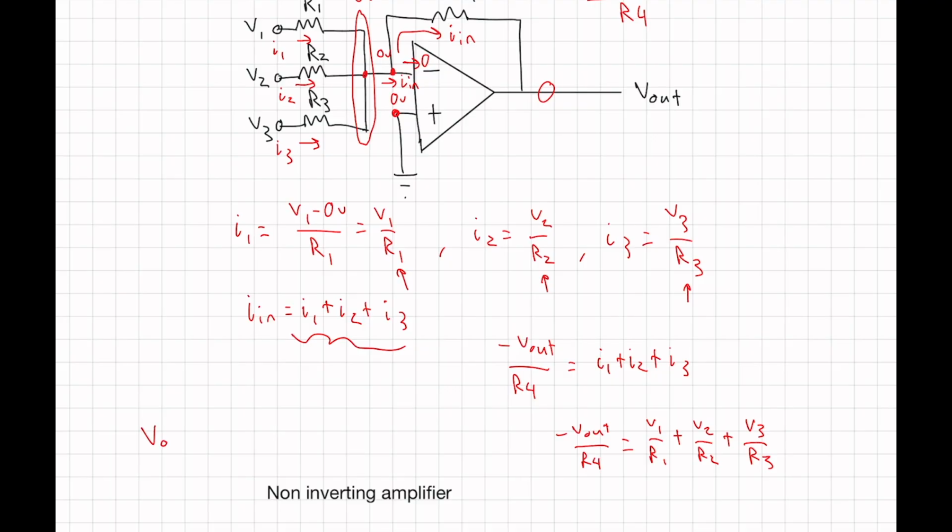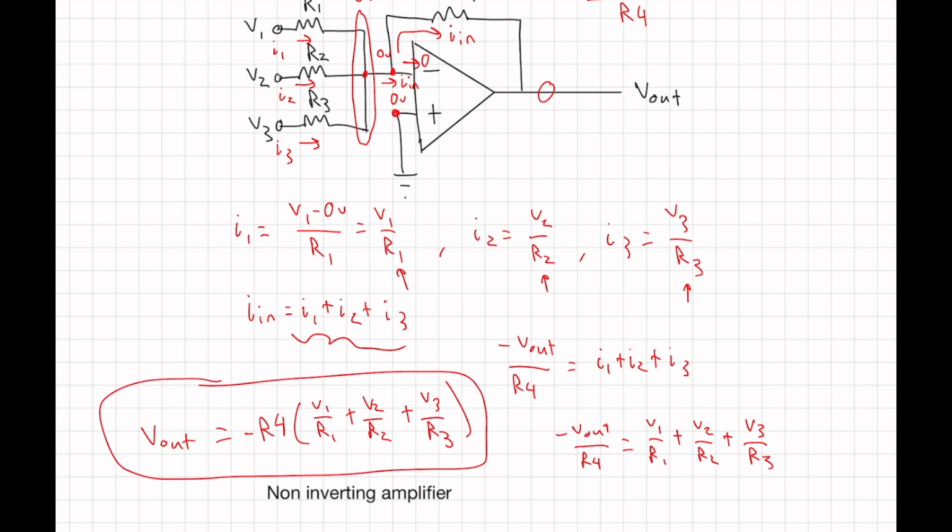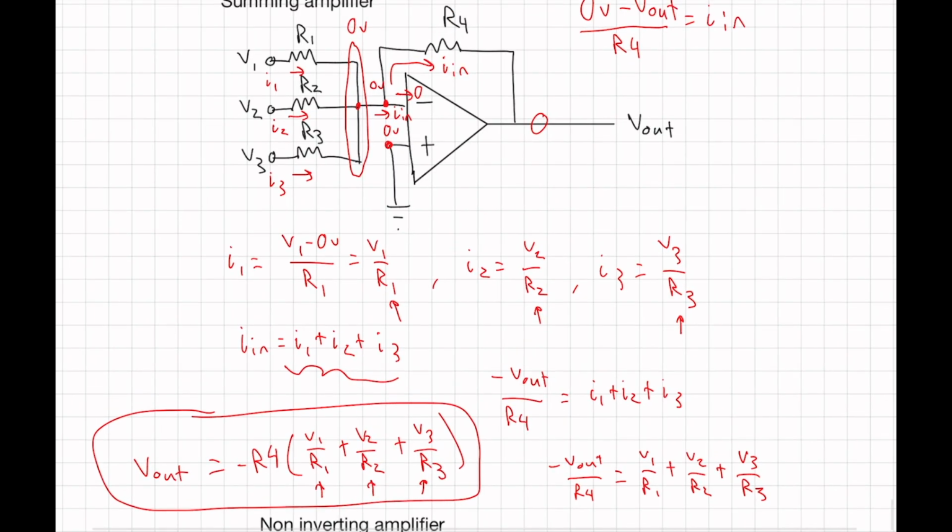So V out is going to be equal to negative R4 times V1 over R1 plus V2 over R2 plus V3 over R3. So you could imagine what we can do here is change the values of R1, R2, and R3 in order to weight how much each of those things are summed together. So that's kind of interesting.